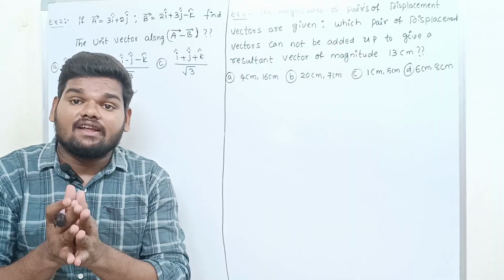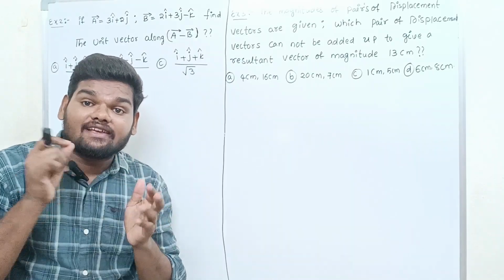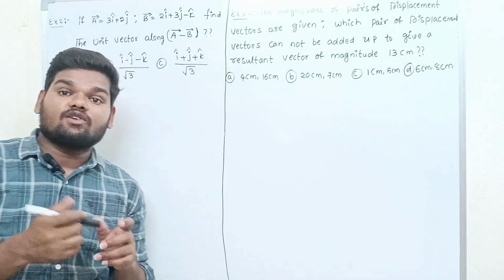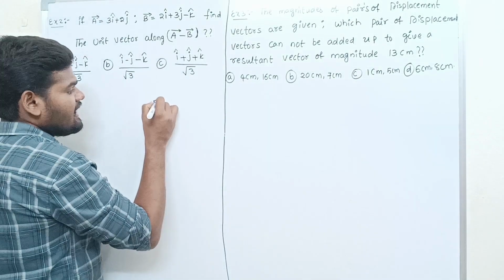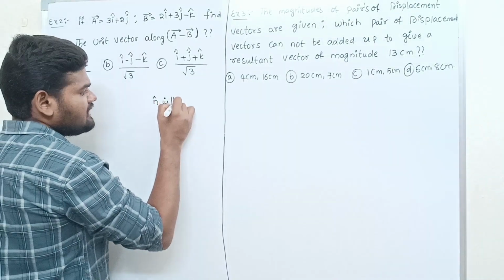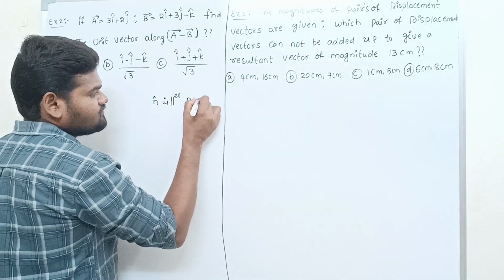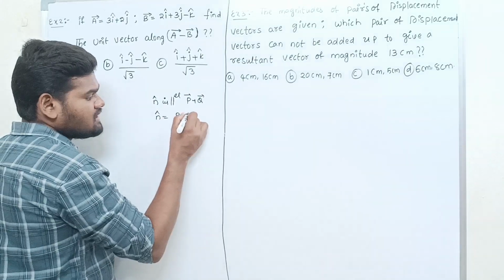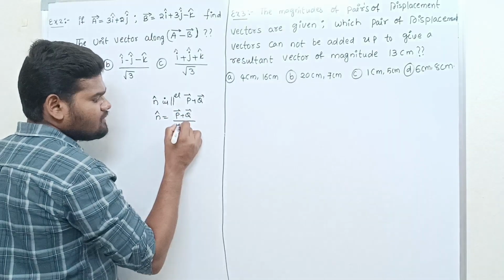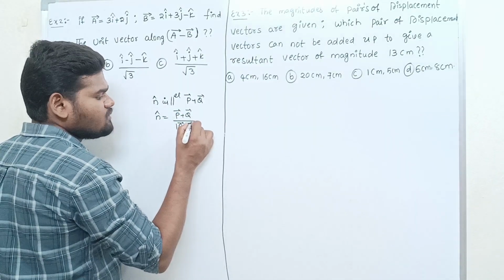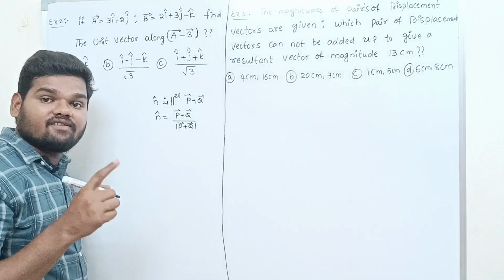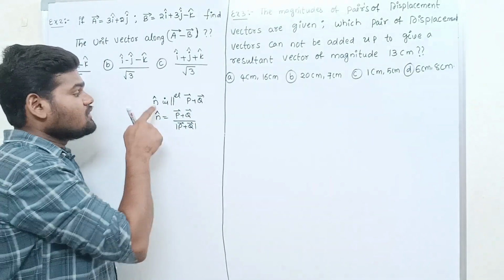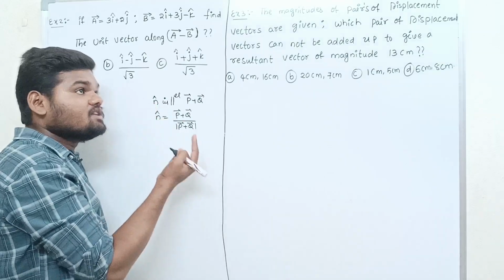Okay. Whenever the unit vector n cap is parallel to the sum of two vectors, p bar plus q bar, whatever it is, we can write n cap is equal to p bar plus q bar divided by magnitude of p bar plus q bar. Based on this formula, we already did one problem. n cap is nothing but the unit vector.